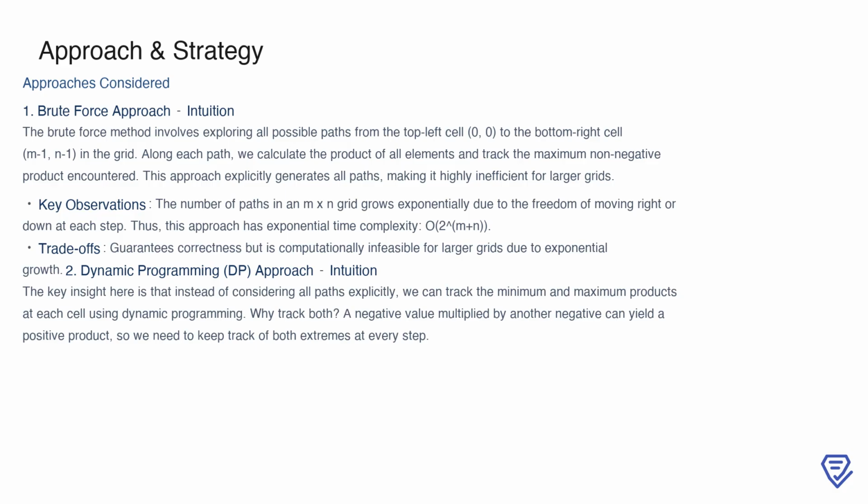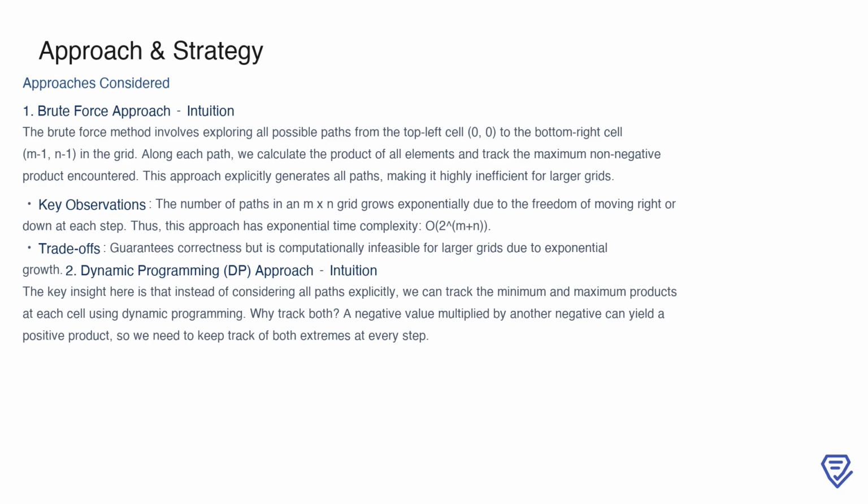To solve this problem, we first considered the brute force approach. This method involves generating all possible paths from the top left corner of the grid to the bottom right corner. For each path, we calculate the product of all elements along the way and track the maximum non-negative product we encounter. While this approach guarantees correctness, it comes with a significant drawback. The number of paths grows exponentially with the size of the grid because at each step, we have two choices: move right or move down.